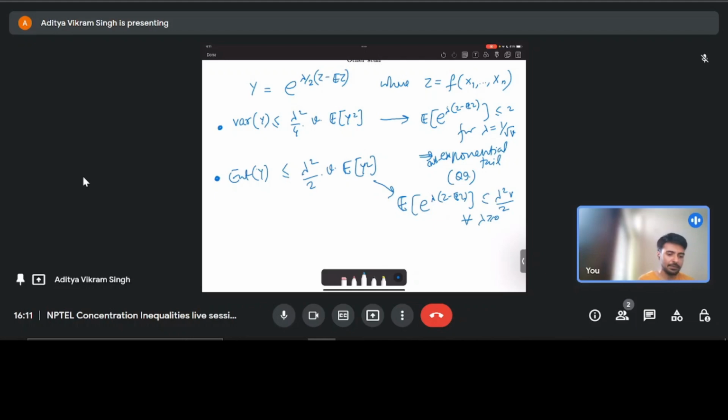This gives a stronger bound on the log moment, and a sub-Gaussian tail, a stronger tail. So it's entropy of y square here.